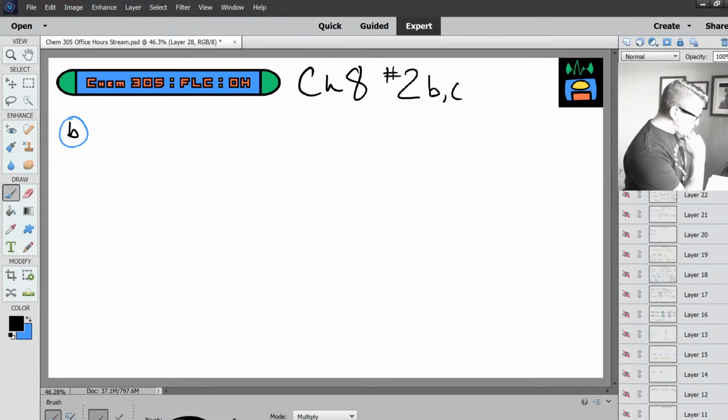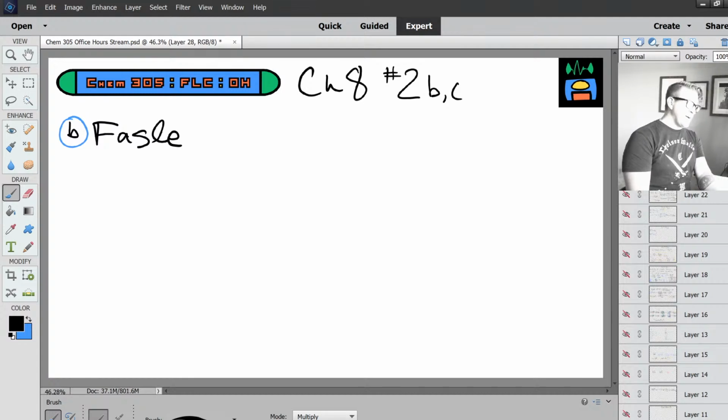For solution formation to occur, the solute and solvent must chemically react with each other. False. They have to interact with each other, but they do not have to react. Actually, solution is a physical change, not a chemical change. If they're reacting, it's not getting dissolved. Something else is happening. So A, B, C.